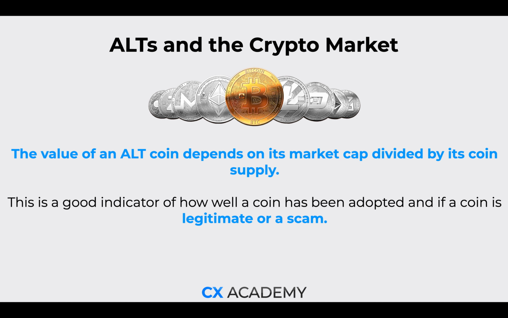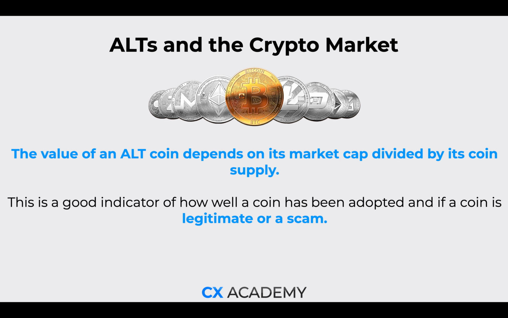What a lot of people who are new to the crypto market think is that these prices are somewhat connected, and by no means, they just are not connected in any way, shape or form.